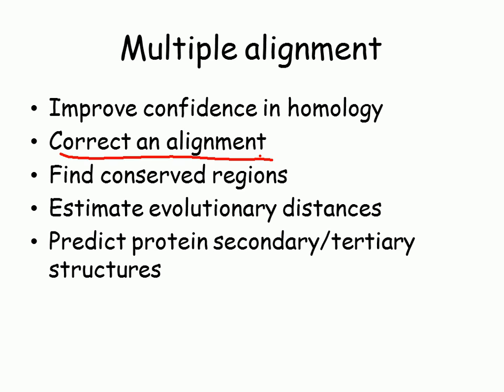Let's say you look at the structures of those two proteins, and things that you thought were corresponding to each other are in different places if you look at the structure alignment of the two proteins. So the alignment that you find by finding the highest scoring alignment is not necessarily the most biologically meaningful one.